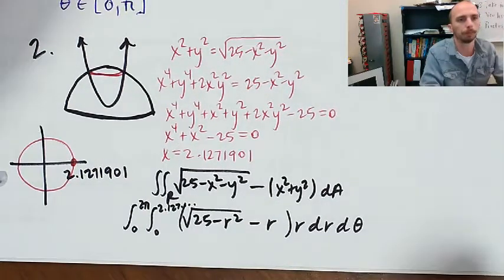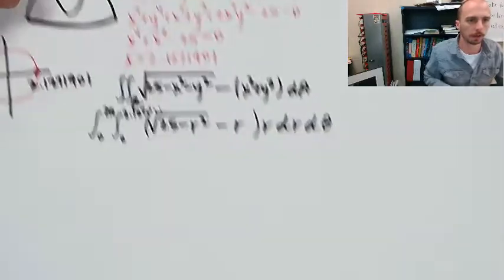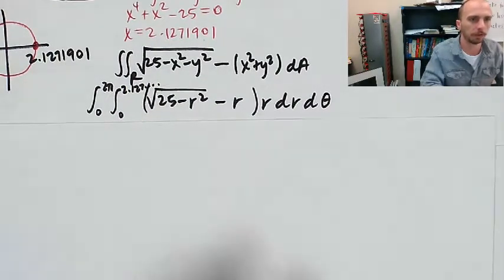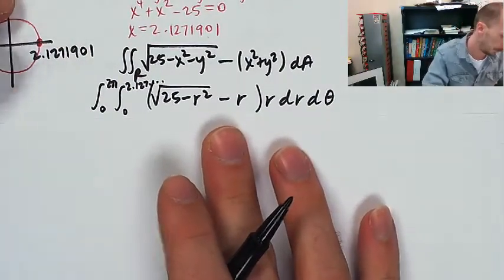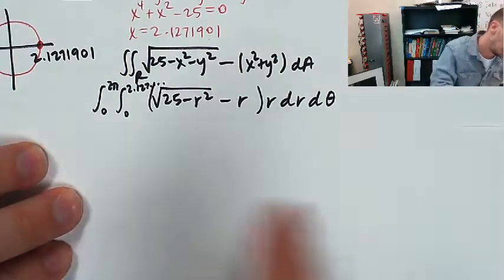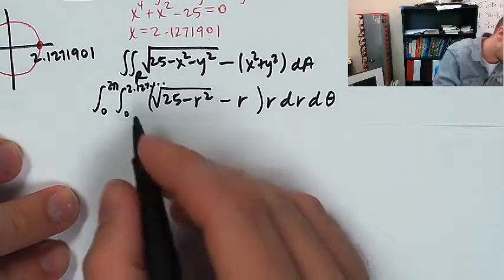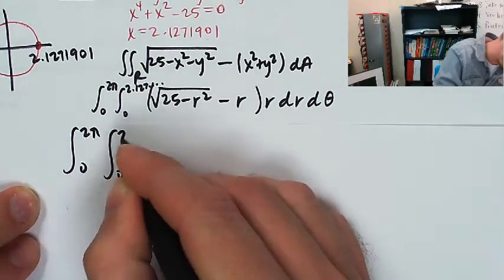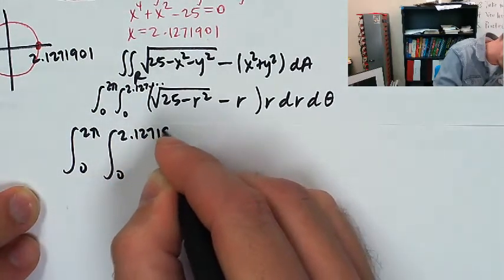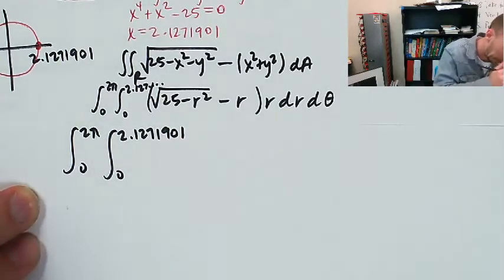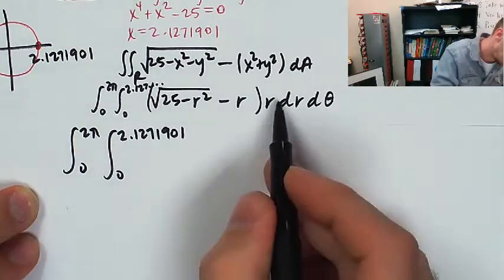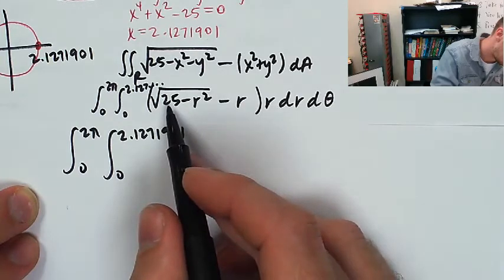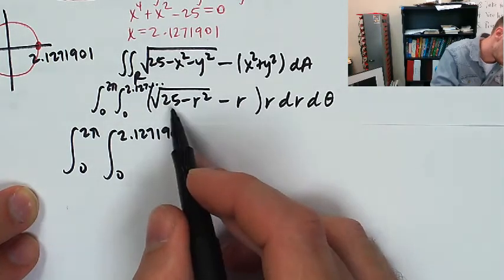This is going to require more. So what I'm going to want to do here, make sure my paper's lined up, and then I'm going to distribute it in here. So this is the integral from 0 to 2 pi of the integral from 0 to 2.1271901 of r times the square root of 25 minus r squared.